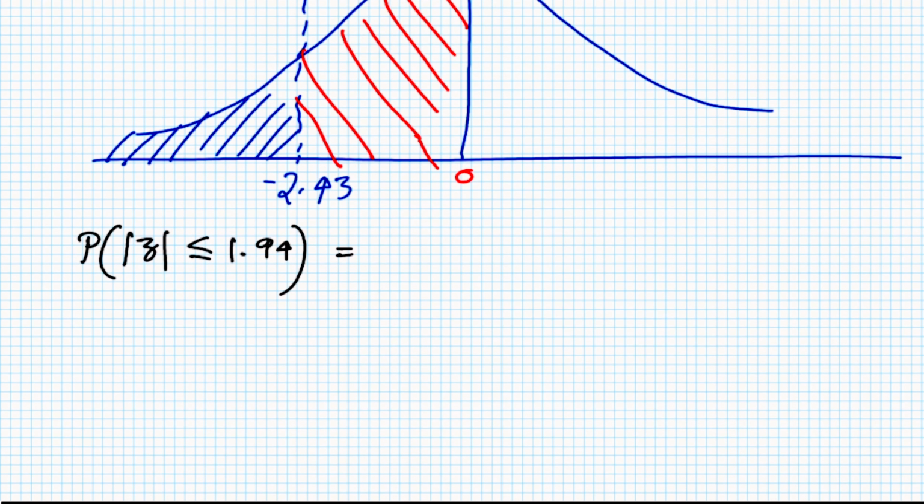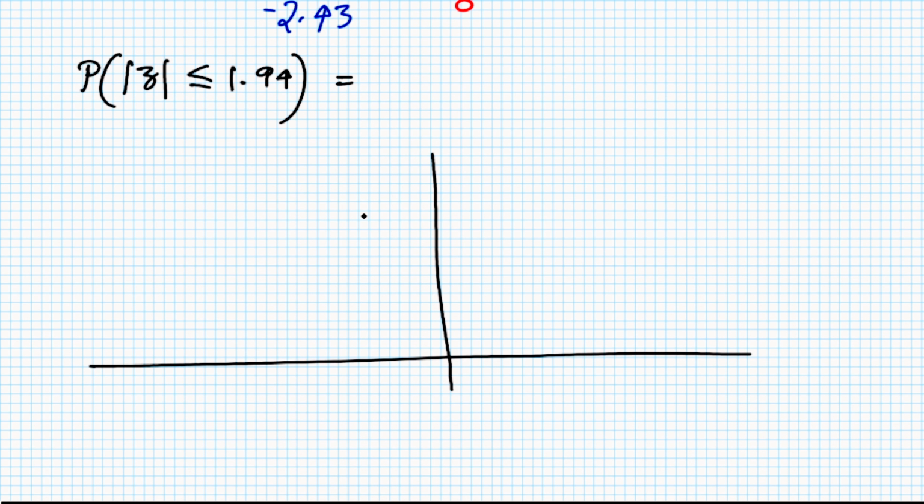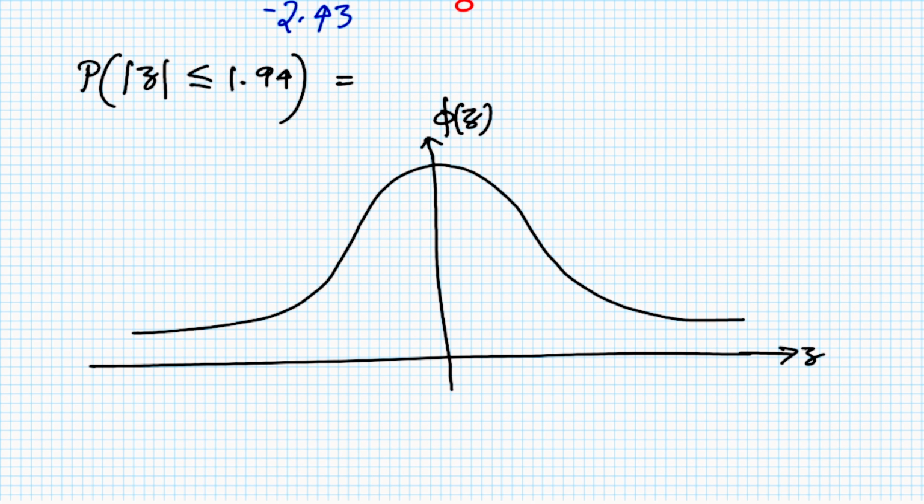So let's try to draw this. All right. So phi of z. Now, magnitude of z should be lesser than 1.94. Magnitude should be less than means even if it is negative or positive, it should be lesser than 1.94.